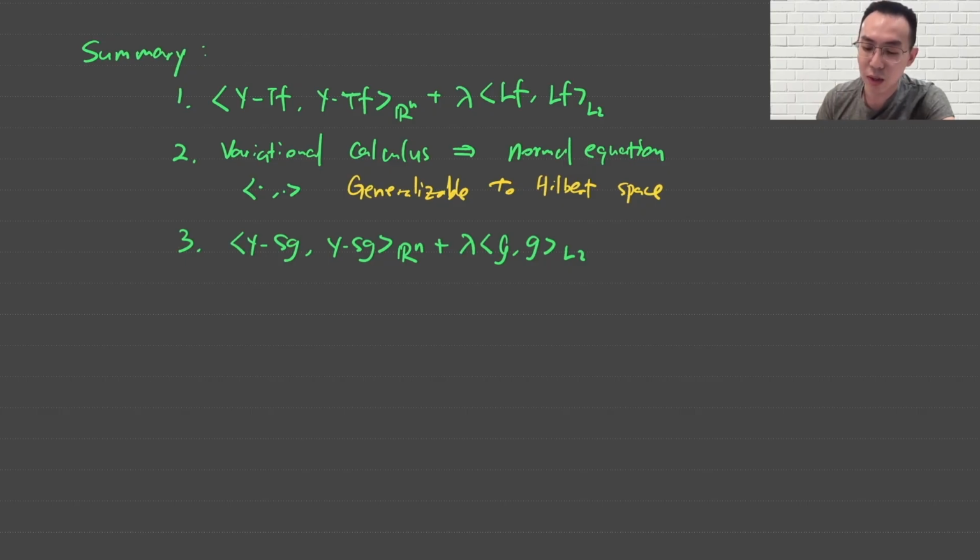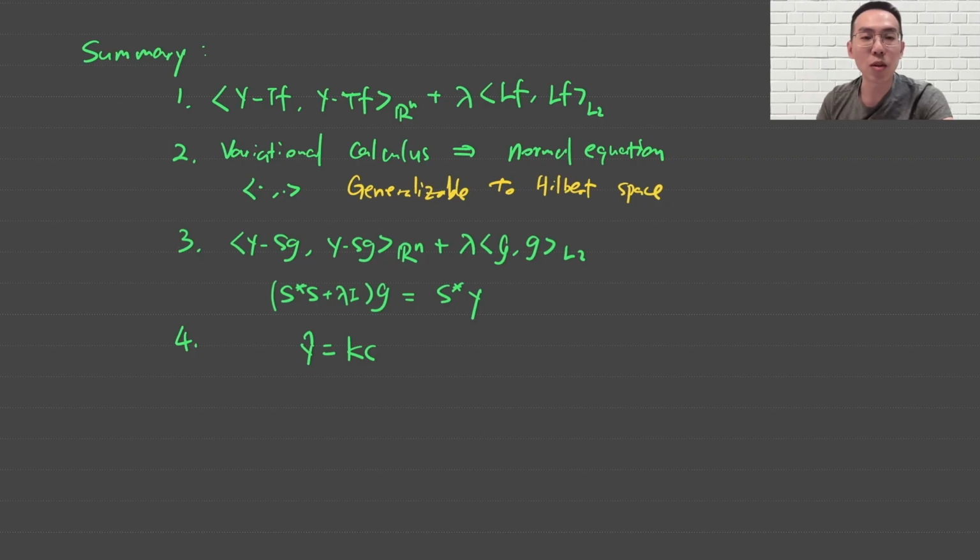We didn't use that at all in our derivation. For this we obtained the normal equation S star S plus lambda I times g equals S star y. In this normal equation, we didn't care which operator we used as L. In the end, we derived that y hat equals K times c. So that's the kernel trick, and we derived it without using the explicit formula for the L2 norm or the operator L.